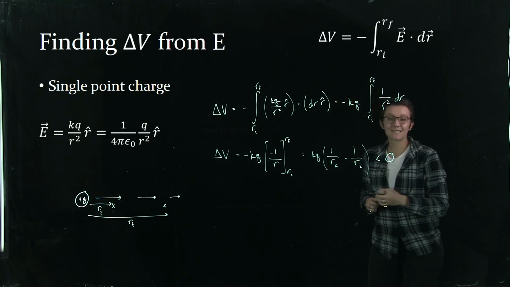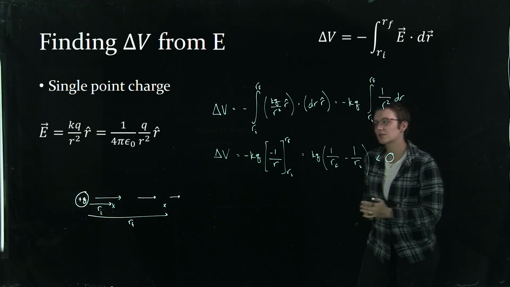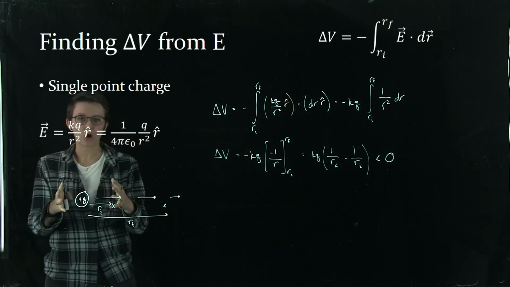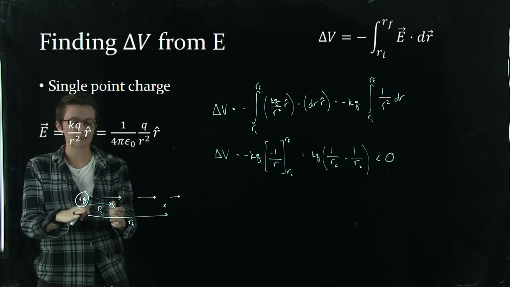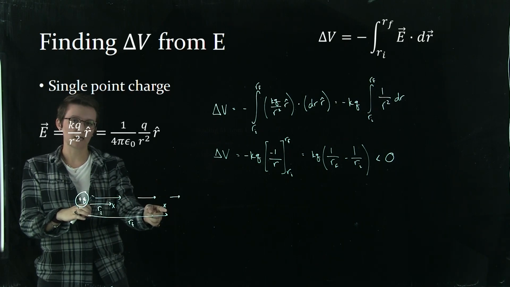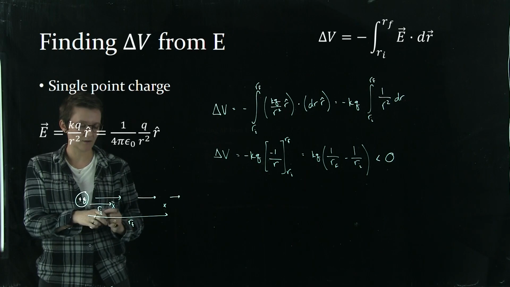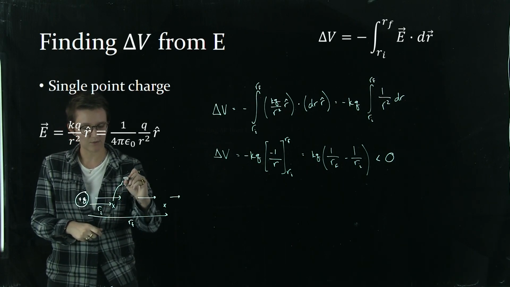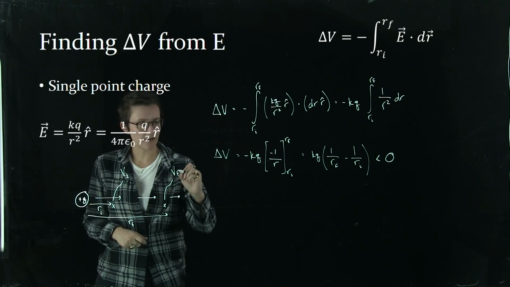And this is making sense just based on what I already know about the electric potential for a single charge, that when I'm near a positive charge, I have more electric potential. So I should expect that if I were to take the difference between this electric potential and this electric potential, I'm going from initial to final. So if I wanted to, I could label this as my initial potential and my final potential.